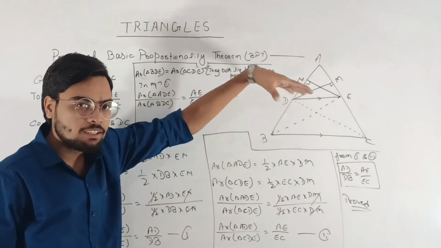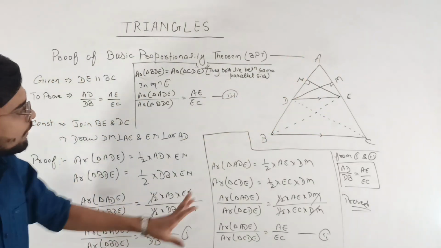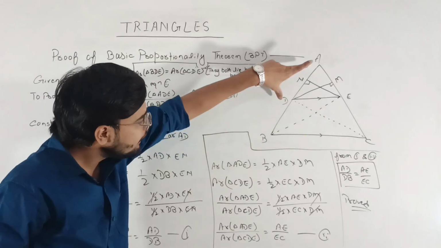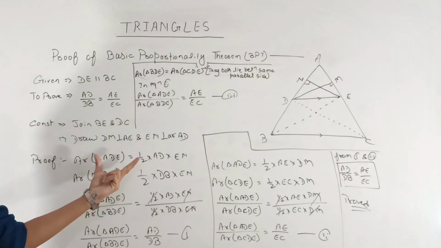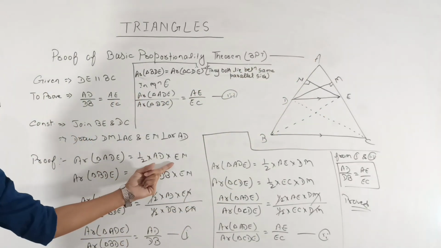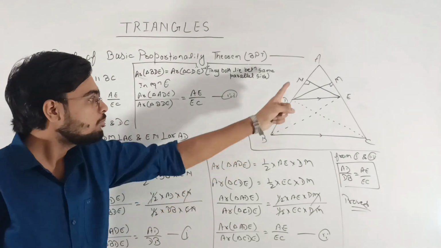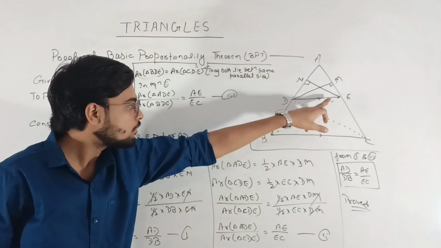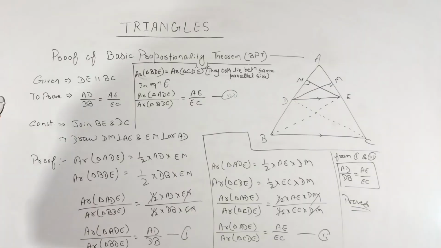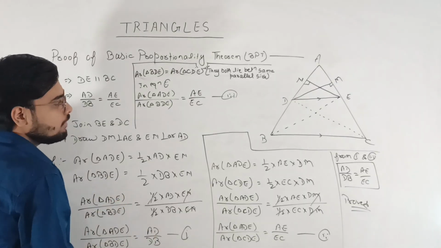Now after this I find the area of triangle ADE by taking AD as base. So area of triangle ADE is half into AD as base, height is EN. Height is what? Perpendicular from opposite vertex of the base. So here is EN. Then I find area of triangle BDE.